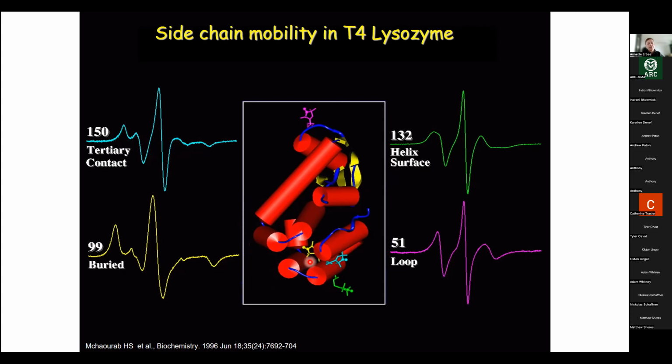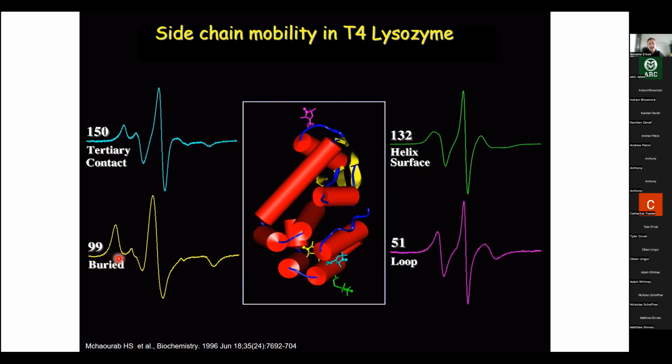And so you can often get it right smack in the middle of an alpha helical bundle, somewhere where it's buried in the structure. And if that happens, you get the broadest splitting here. And this is something that starts to approach what the powder spectrum you saw earlier would look like.